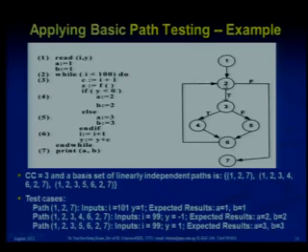The next one, when we want to include the next one, always base it on the previous one and make a minimum change to the previous one. So when we want to include the second one, the previous one is the first one, 1, 2, 7. Since the first one gets out from here, follow this branch. So you make a change here, 1, 2, 3, 4. After you make a change here, you should follow the previous path as closely as possible.